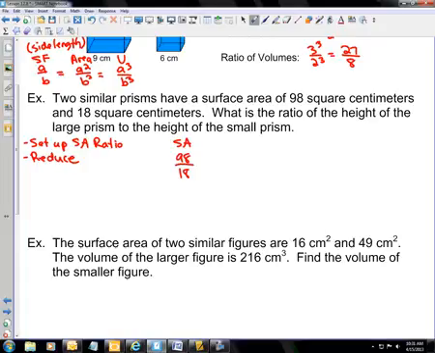And this one can be, right? What goes into both of those? 2 does, definitely. I don't think 3 does. It goes in there 9 times, and that goes in there 49 times.